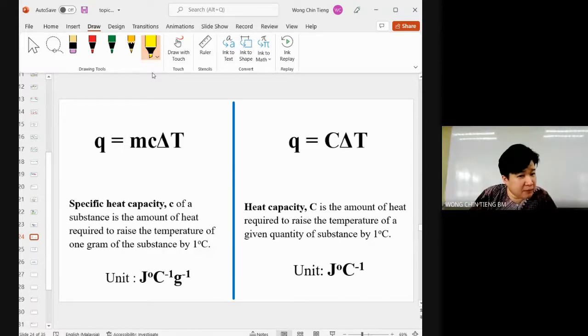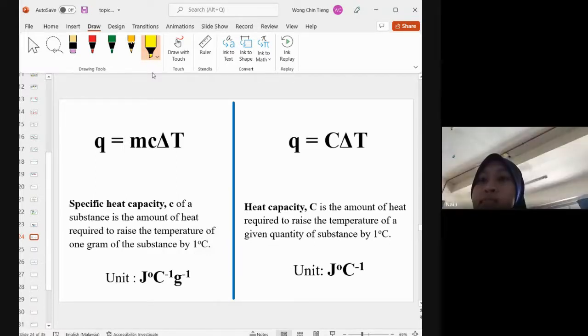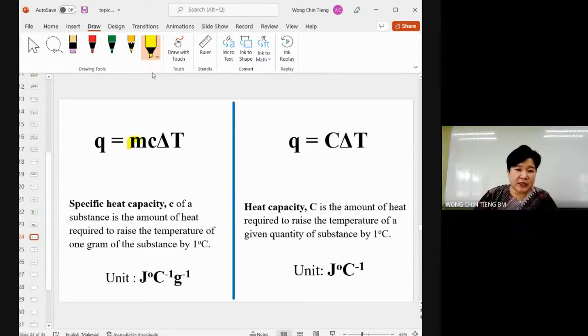Naili buka mic dulu. The first formula include mass. Very well. Betul? Ada seorang ni dia ada mass. Ada seorang ni dia tak ada mass. Okay, yang tu yang pertama. And I say ada dua beza. And I think Afif saying the second thing.